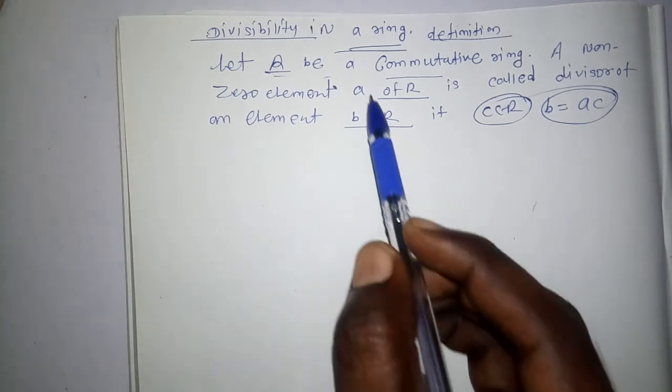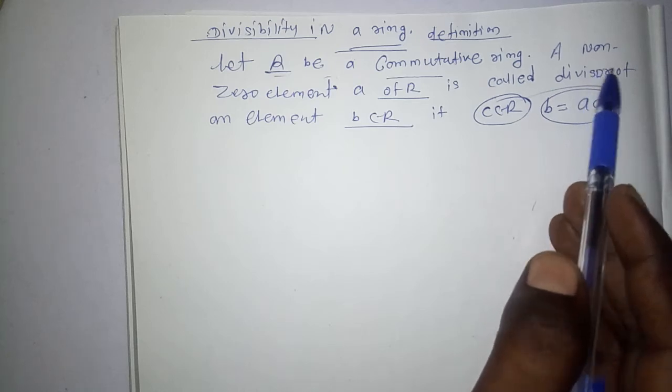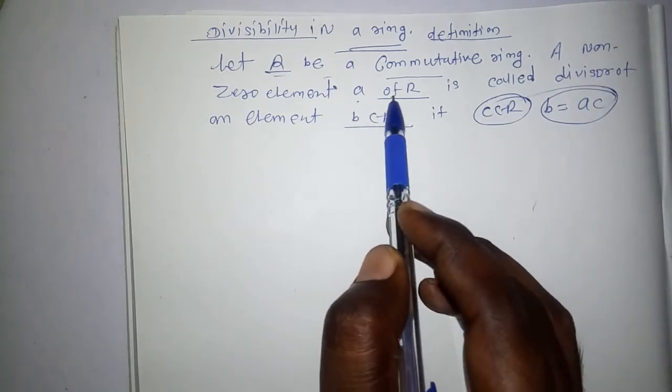Now R is a commutative ring and A is a non-zero element of R.